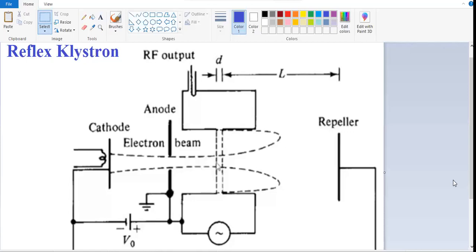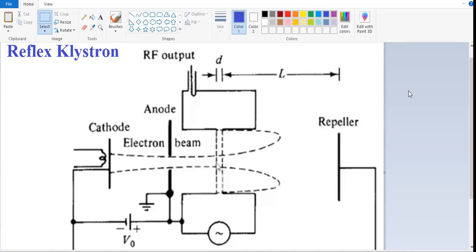So the reflex klystron is an oscillator, but the two cavity klystron is an amplifier because it has the input. And here you can see the RF output is here. So it works on the concept of the oscillator.